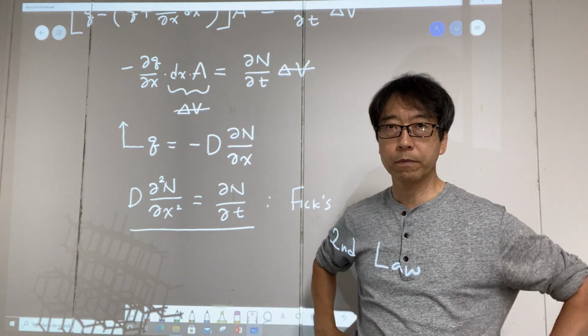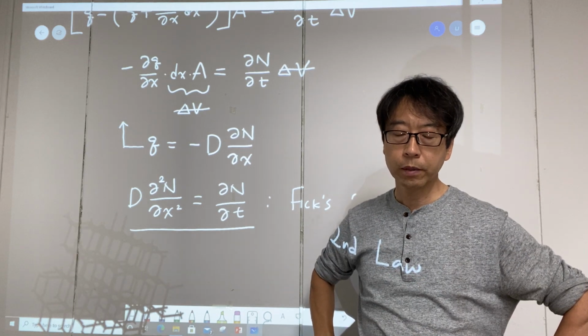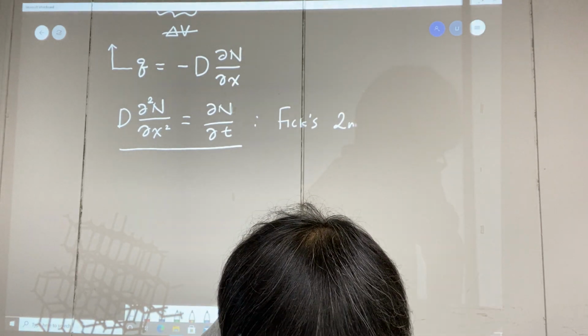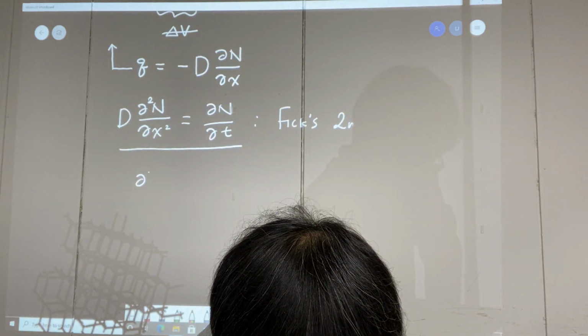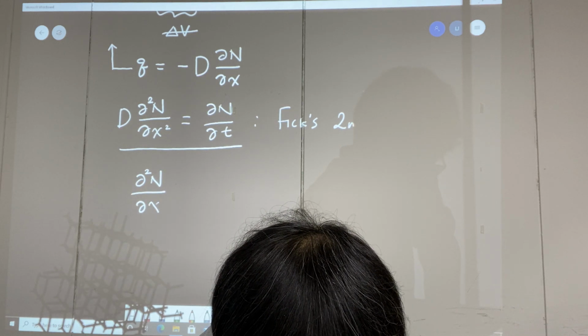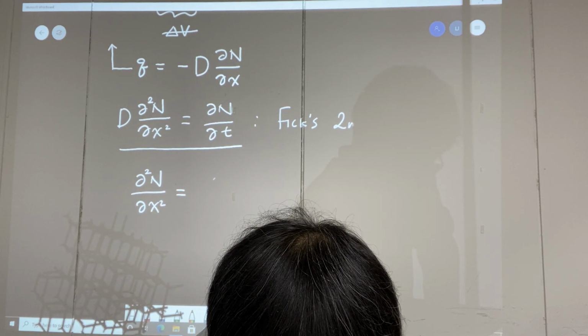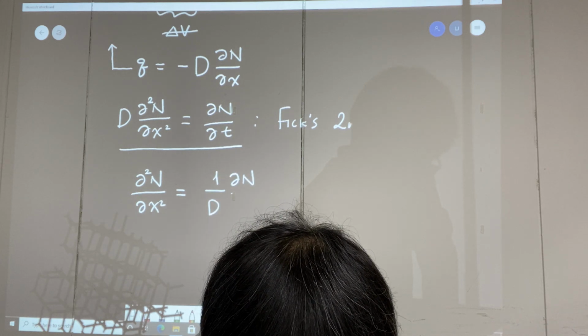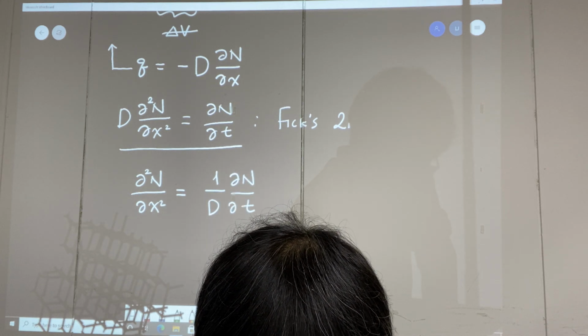And for that specific problem, there's a very nice solution process. So let me write down this equation one more time. Instead of this, I would like to write down partial square n partial x squared equals 1 over D partial n partial t.